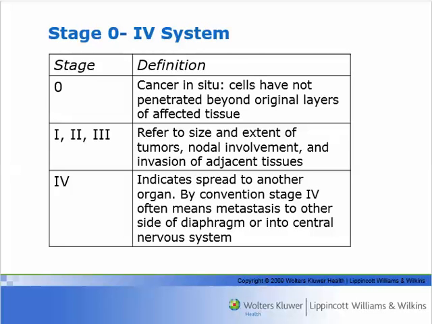So a stage 1 is small size, maybe no nodal involvement, starting to invade into the other tissues. So it would be things like an early stage localized cancer.